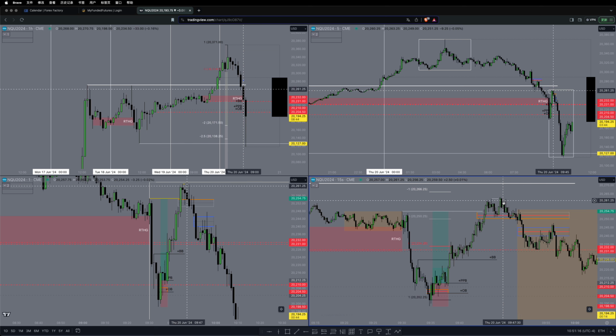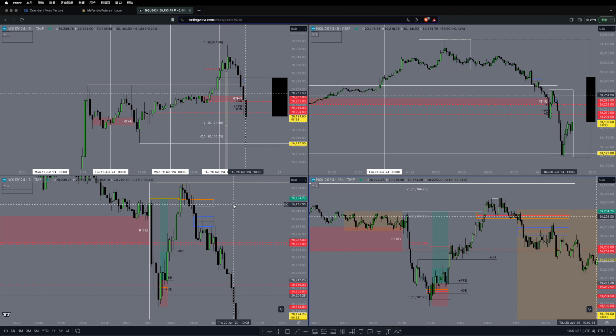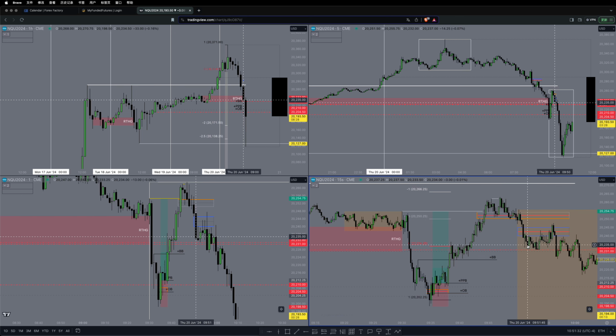And then the price comes down, and you can see on the 1 minute we have this 1 BC, and it gets violated, and the price kind of chops around here a little bit, and then finally trades through it, right? If you look closely, this candle closed below, and then this candle traded above.